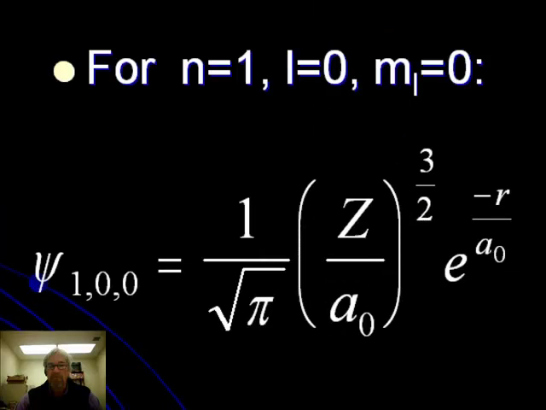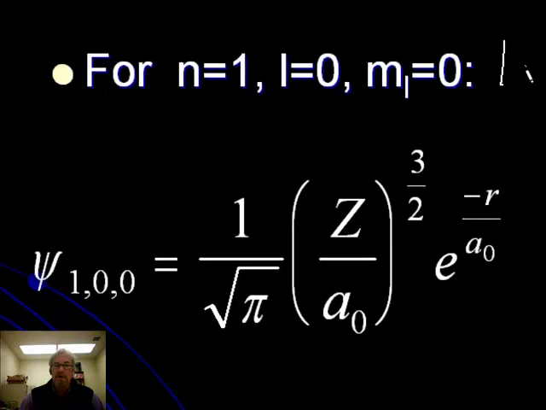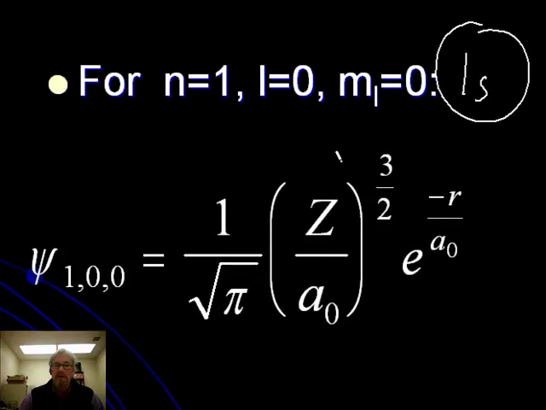Now, if n is 1, L is 0, and m sub L is 0. So we're talking about the 1s subshell here. This is the eigenfunction. Psi 100 is 1 over pi times Z over a naught raised to the 3 halves times e to the minus r over a naught. Now, what's constant and what's not constant here? 1, of course, is constant. So is pi. Z is 1 for hydrogen.